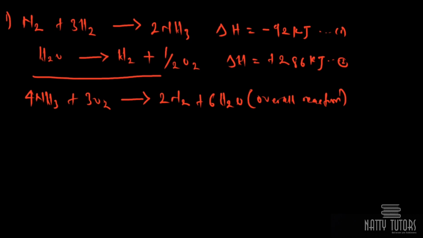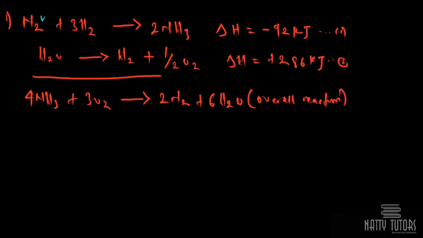If you check these two reactions, hydrogen is common. Hydrogen is on the first reaction and it's also on the second reaction. But we need to consider nitrogen. Nitrogen is not common; it appears only once in these reactions.